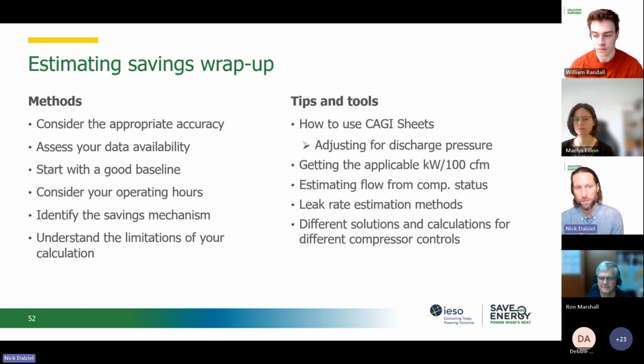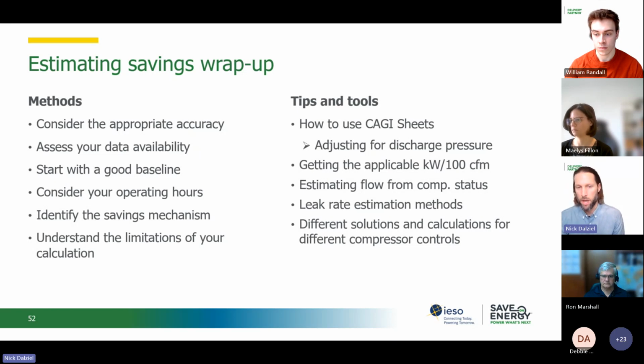One of the key considerations around that baseline is not just the power measurement, but considering how your system operates over the course of the year. Ron talked about this in detail, and it came up in the questions: looking at the seasonality, the weekends, the downtime. Some of these are known items that you can use to improve your estimate without even having to measure.